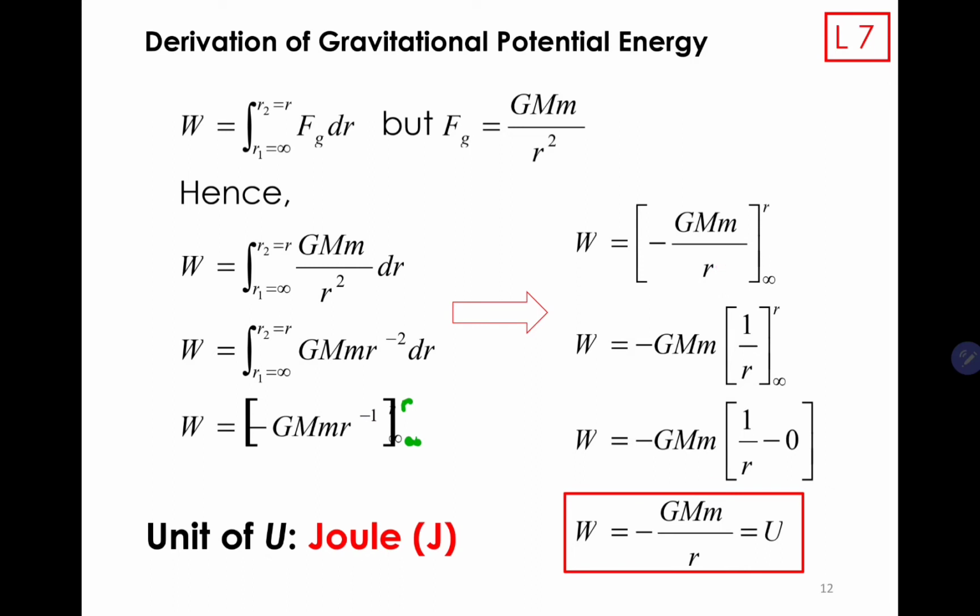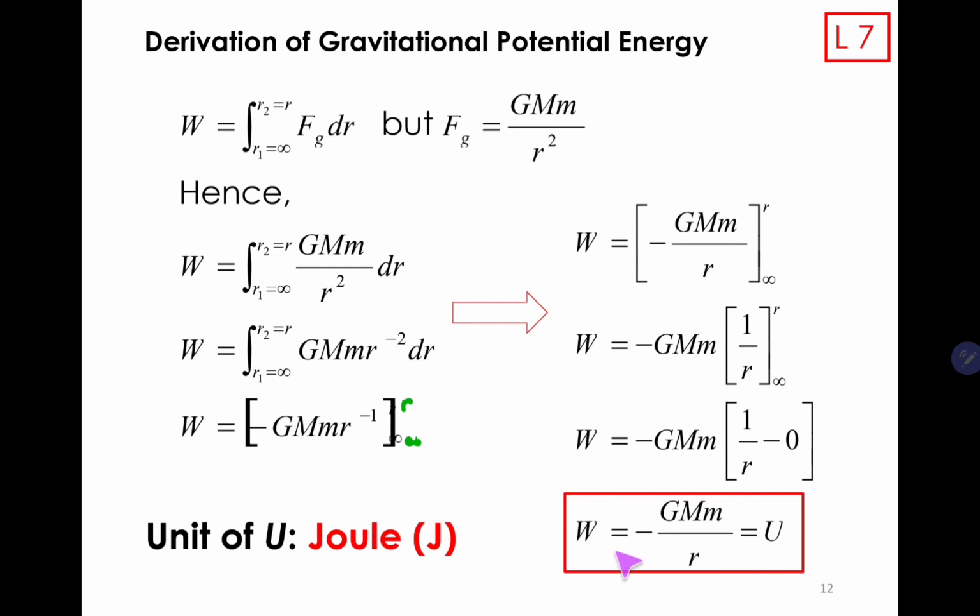And then GMm is just a constant, so you take GMm outside, and then what do we have now? 1 over R, from infinity to a point at R. So 1 over R gives you 1 over R, this is final, minus initial 1 over infinity. So 1 over infinity gives you 0. So at last, you will get the equation like this.